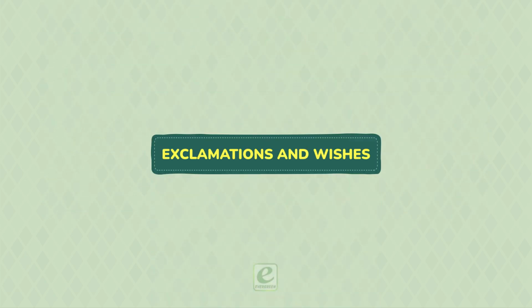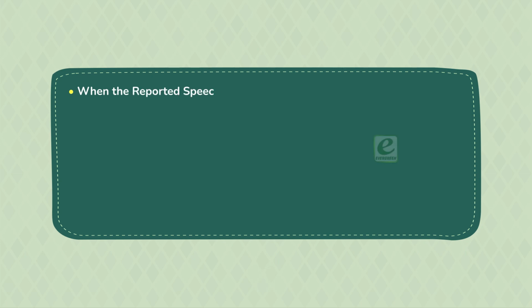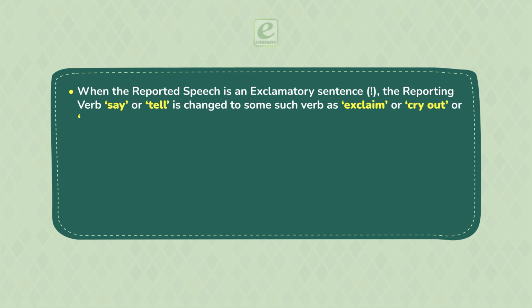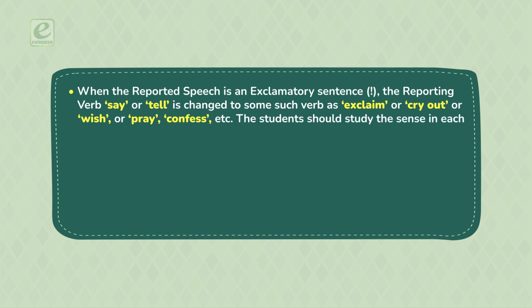Exclamations and wishes. When the reported speech is an exclamatory sentence, the reporting verb say or tell is changed to some verb such as exclaim, cry out, wish, pray, confess, etc. The students should study the sense in each and every case in order to select the best suited verb.